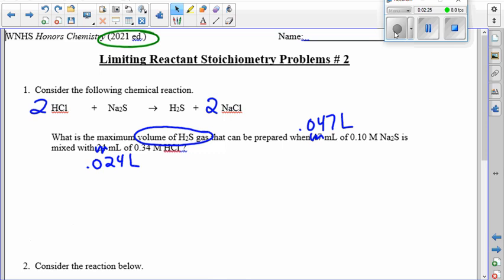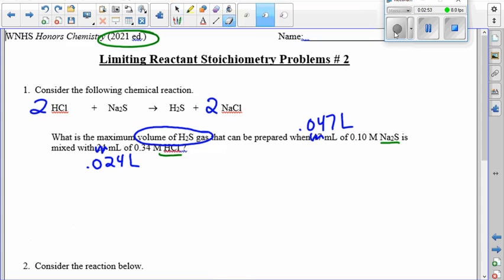So we can't compare our amounts of sodium sulfide and our hydrochloric acid directly because they have 2 different units. So we need to convert both of these into the exact same units, and then we can compare them directly and find out which one is going to run out, which one's going to hold us back, which one is the limiting reactant.